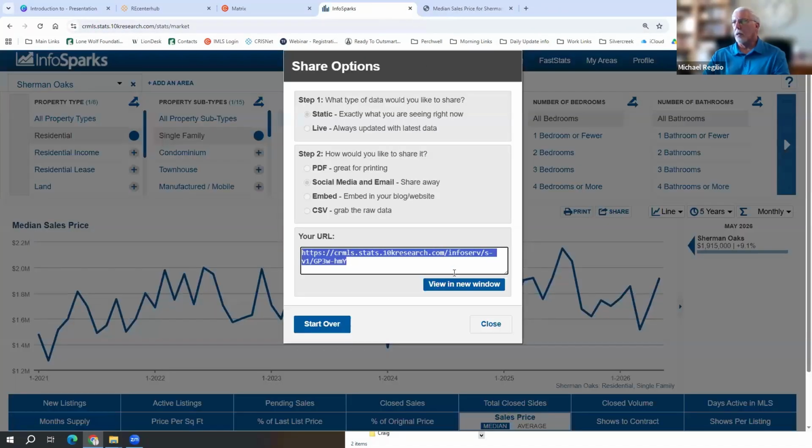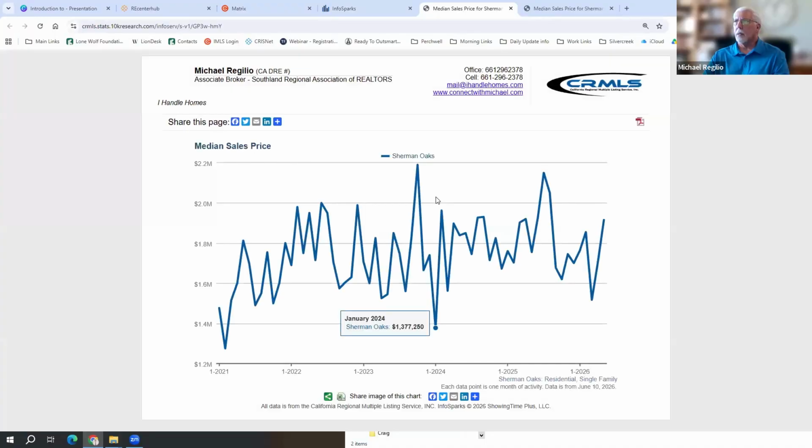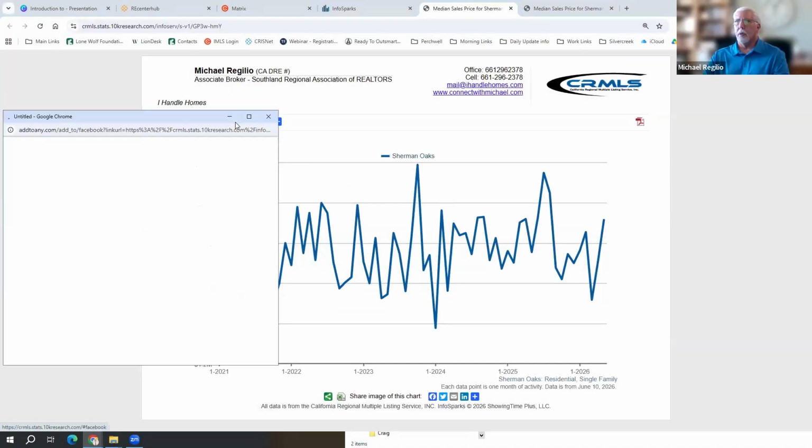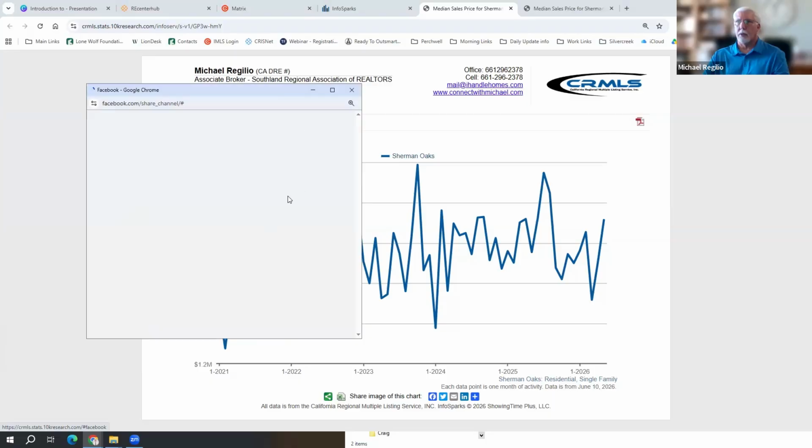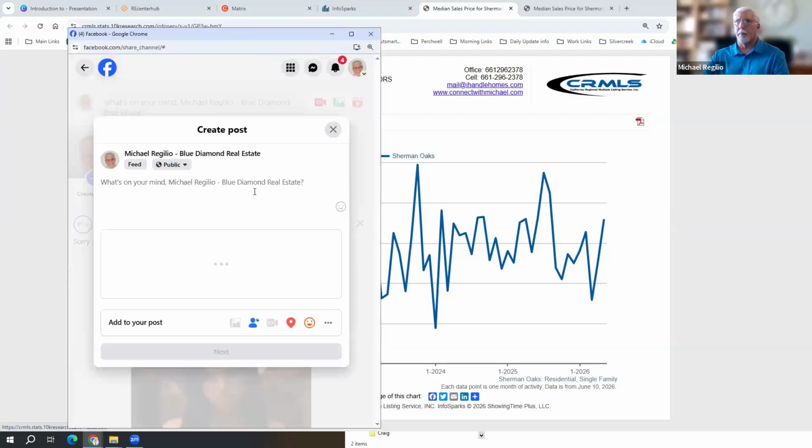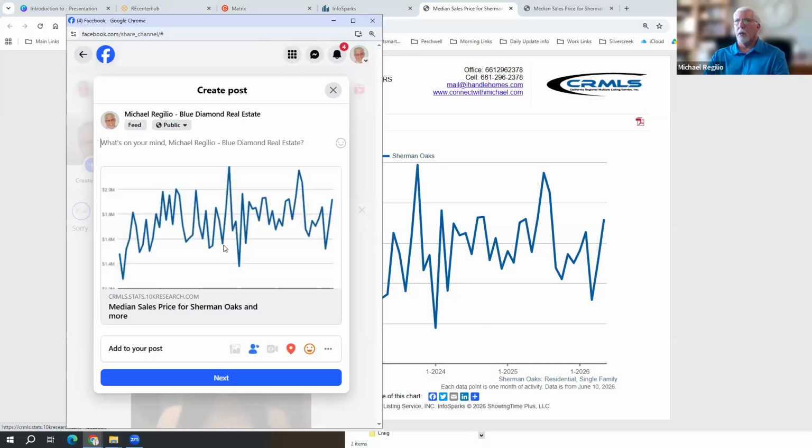If I want to share online, I can click this and it will actually open up my Facebook that I'm logged into at the time. And it will create the post with the chart. And if I click on the chart, it will actually open this back up.